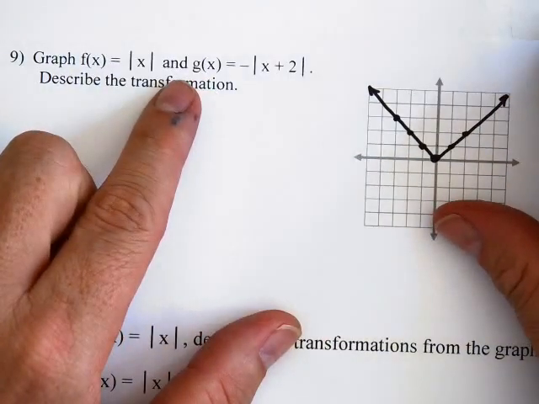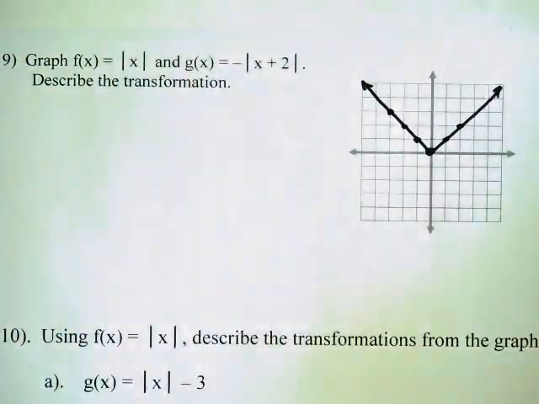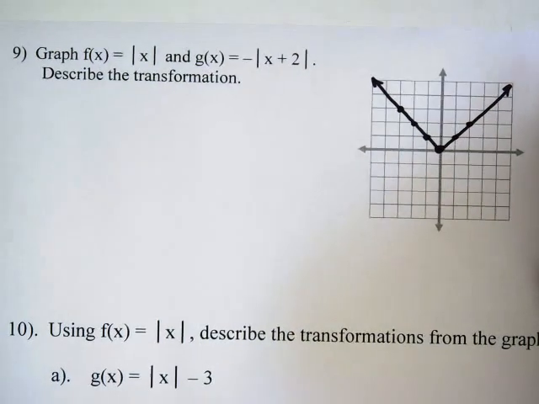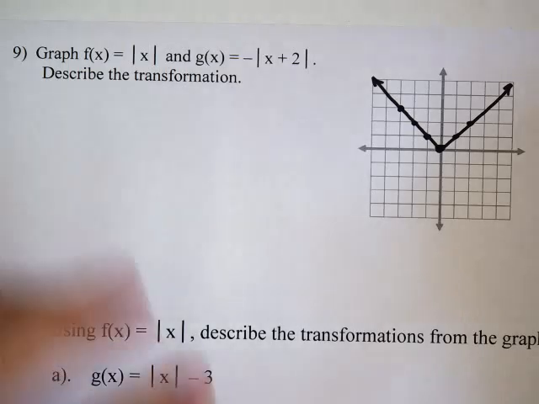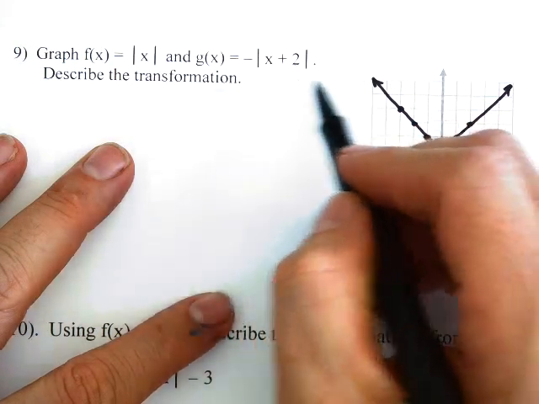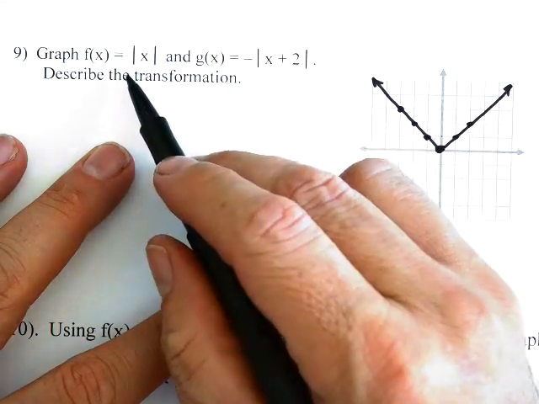Now it says graph this. Well, you could make an XY table, and that's really a good option if you understand the basics of what functions are and how they work. You can do that and you'll get the answer. I think what your teachers are going for is hoping that you've internalized what these things do to the original parent function.